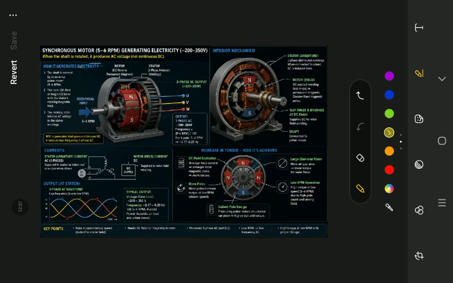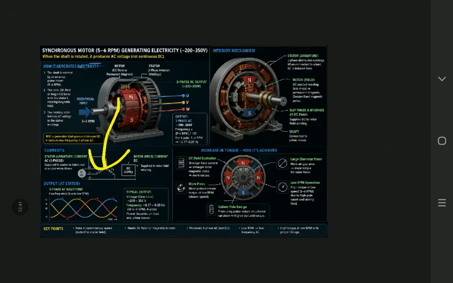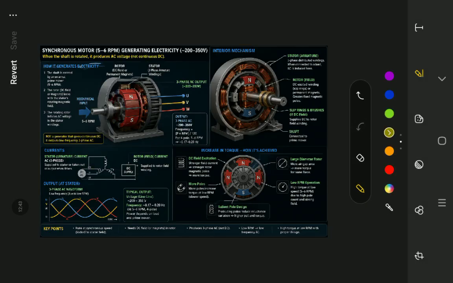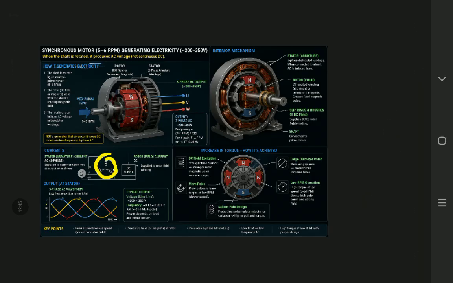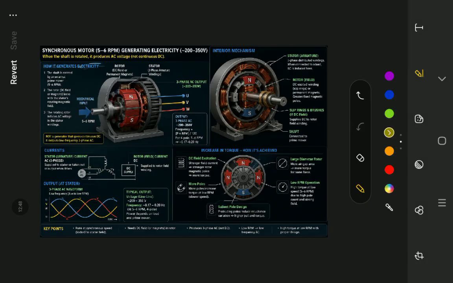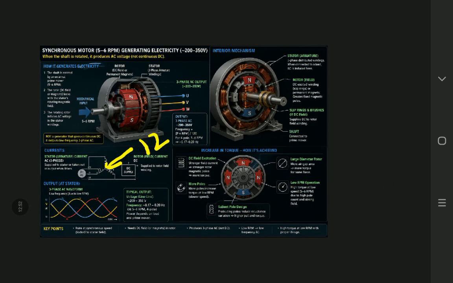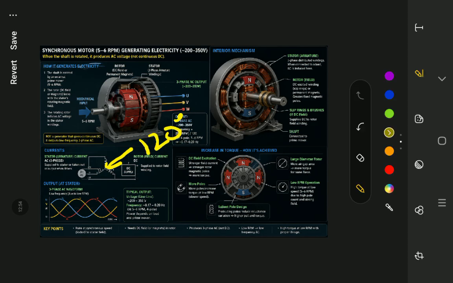So we can see that this gives output, and as we know the concept of three phase, here also the three phase doesn't require neutral, as the angle between them is 120 degrees. So directly we can run any of the appliances.